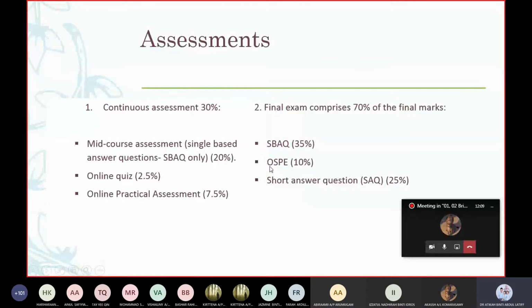Okay, so OSPI is based on your practicals. So usually a specimen, and then we will ask you an open-ended question. So you have to fill in the blank as compared to the practical assessment, where we give you a specimen, but it is multiple choice. Okay, so in OSPI you have to write your answers.